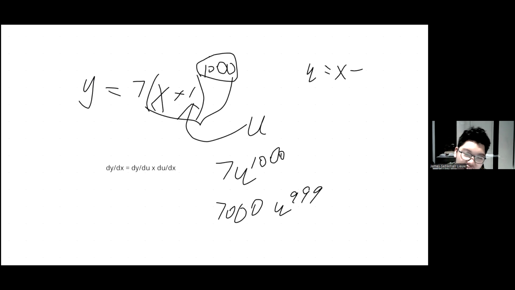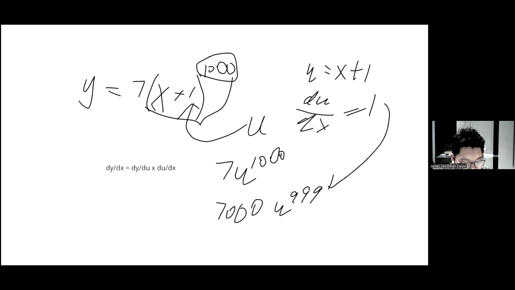You differentiate both sides, so you get that du dx is 1, and then you just multiply 1 with this. Don't forget, you have to sub this back in, and this is your final answer.